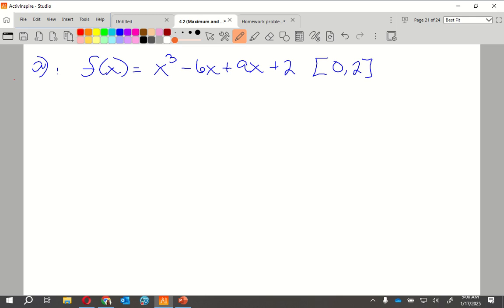Okay, let's find the derivative, and then from the derivative, I need to set it equal to 0. So f prime of x equals 3x squared minus 12x plus 9. My interval is still from 0 to 2. So the first thing we do is find critical points, and I want the critical points located in between here.